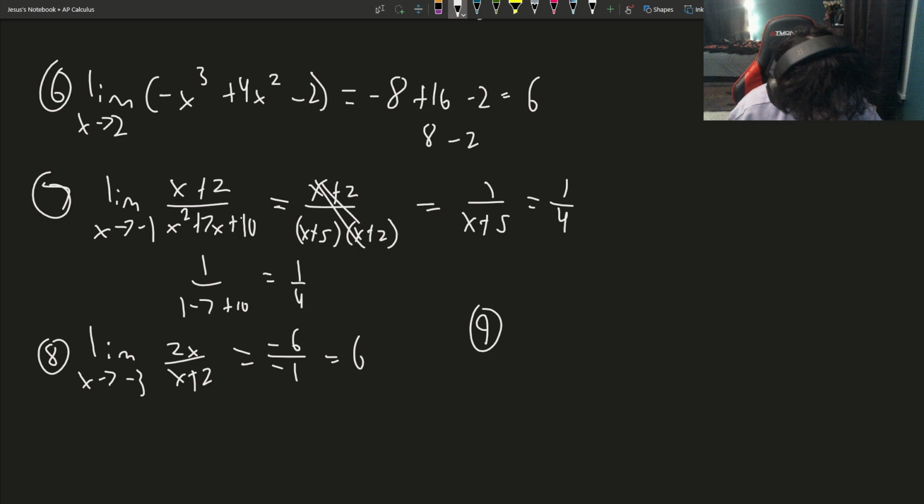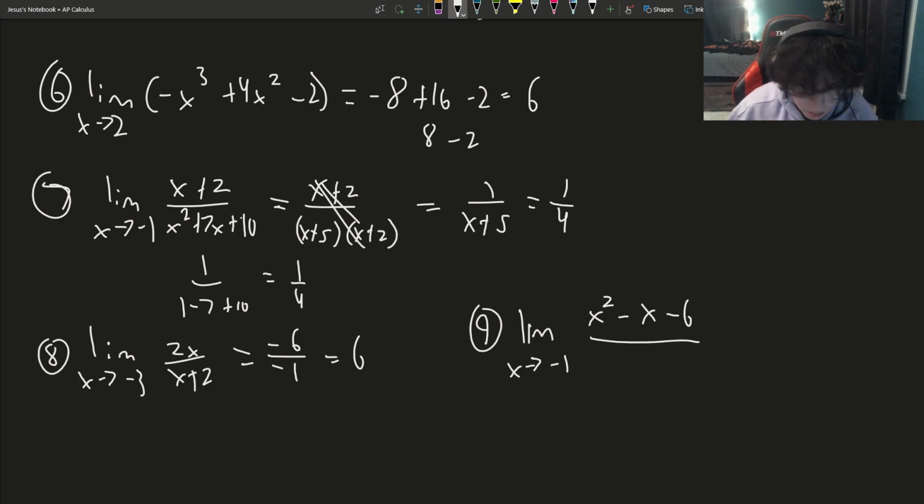Number 9, we have the limit as x approaches -1 of x squared minus x minus 6 over x plus 2.